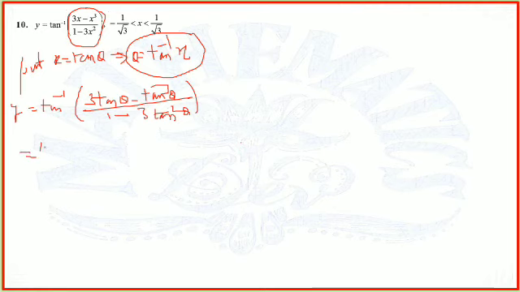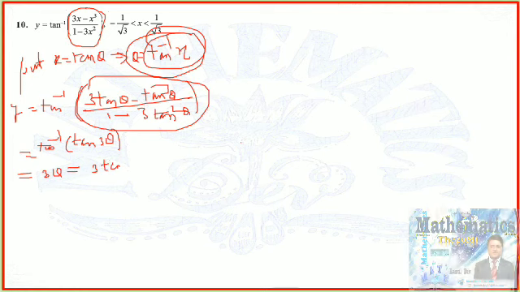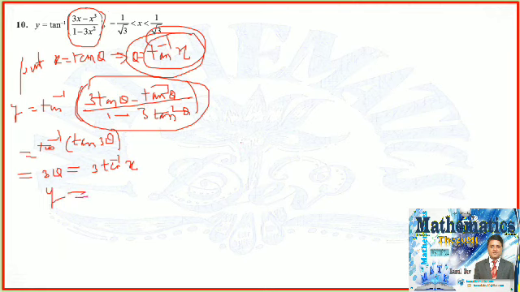Now this is a formula, so inside tan inverse we will write tan 3 theta. This is a trigonometric formula. Now tan and tan inverse are removed, so we have 3 theta. Now theta is tan inverse x, so 3 tan inverse x. So this is y is equal to 3 tan inverse x. This is just a simplification of the question, not a derivative.